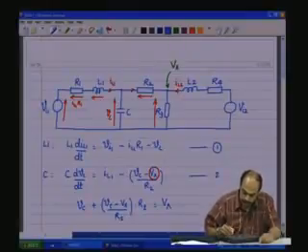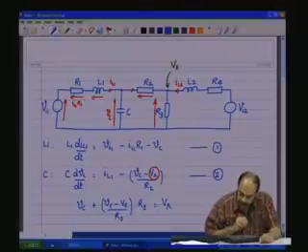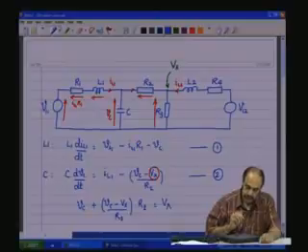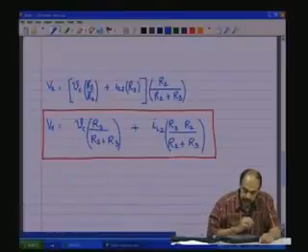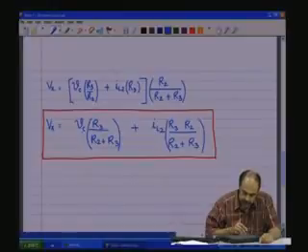However, we have shown that the intermediate variable can be expressed as a function of the state variables, which ultimately is given in this fashion: Vx as a function of Vc, a state variable, and IL2, a state variable.